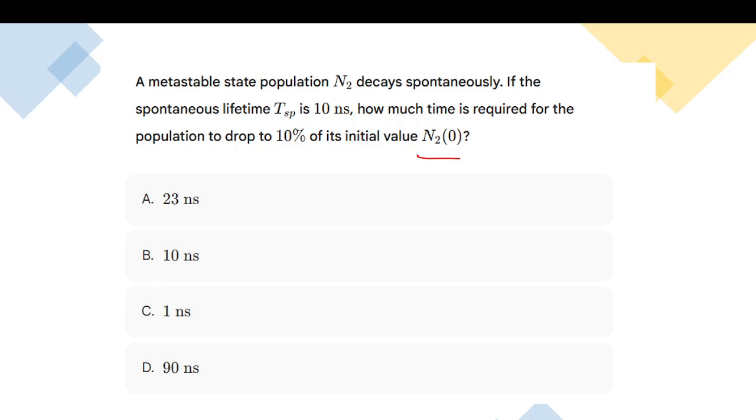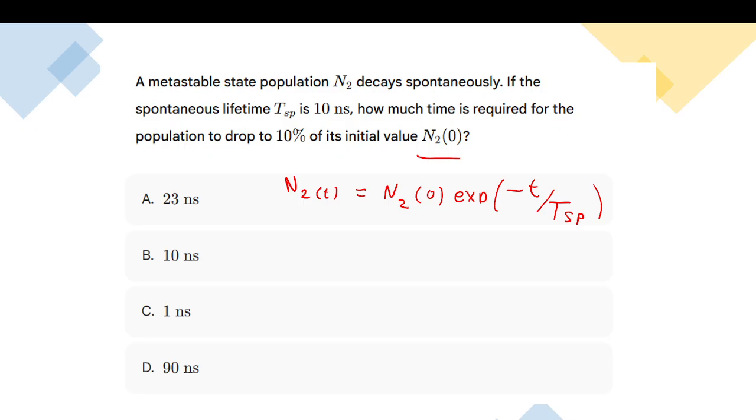So the correct answer here: at time t, N2, we need to find out how much time it takes. So N2 at time t will be N2 at initial time times e to the power, exp of minus t divided by tsp.